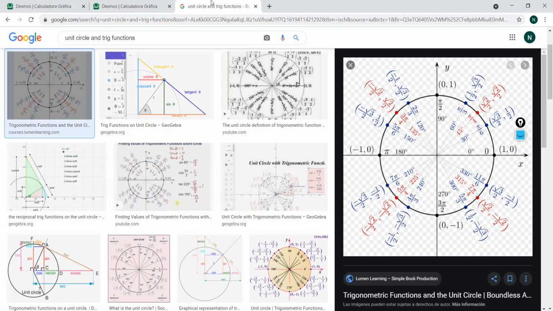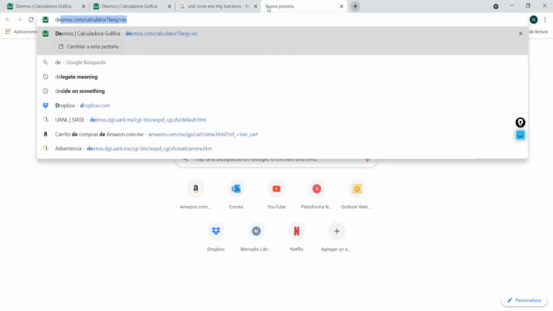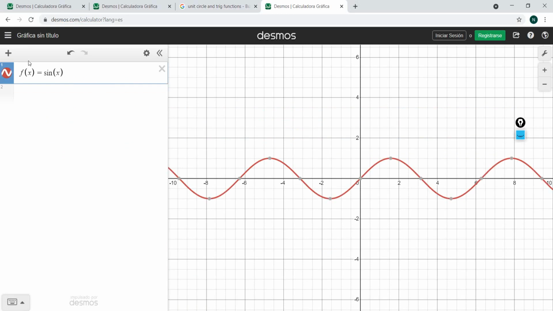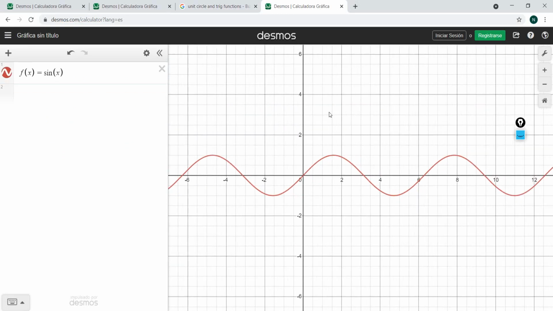If you want me to convince you, let's go back to Desmos. Let me write the function f of x equals sine of x. And let me check for what values of the angle x I have a value of the function equal to 1/2, which is what we have in here, right?